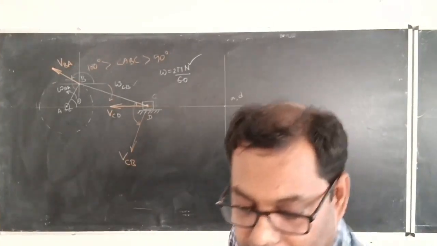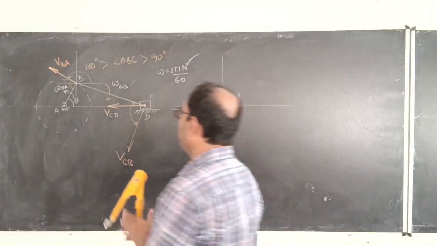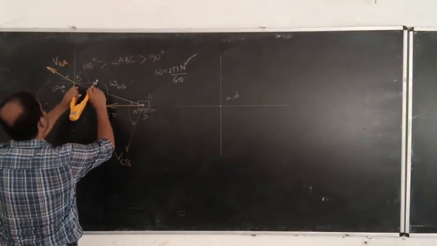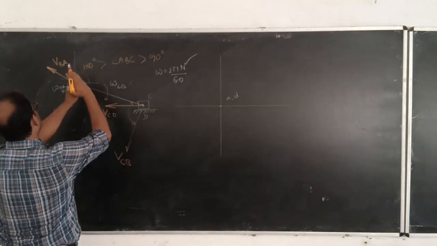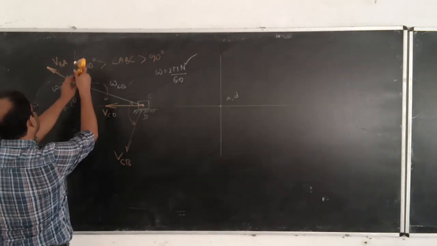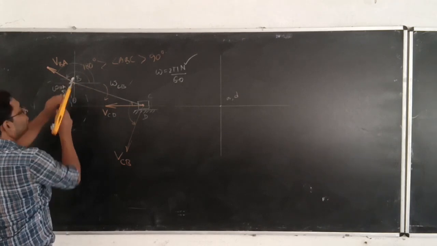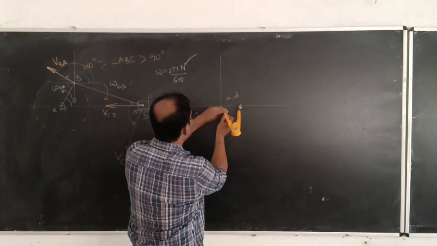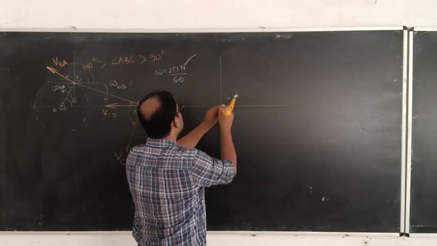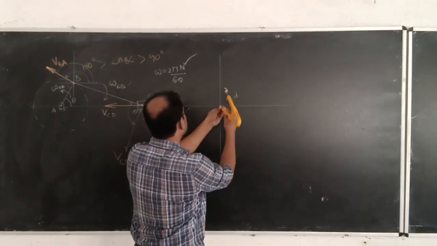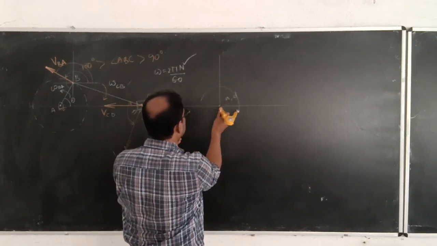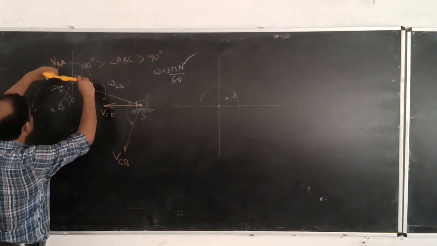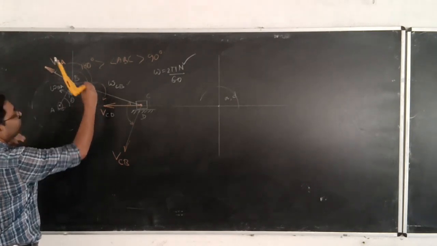So what is the method? The method is very simple. Using a compass, we are going to measure a line, something like that. And we have to find out the distance from here to the intersection point.